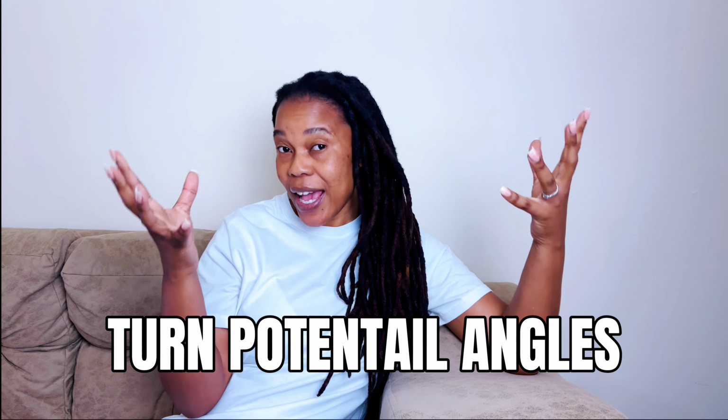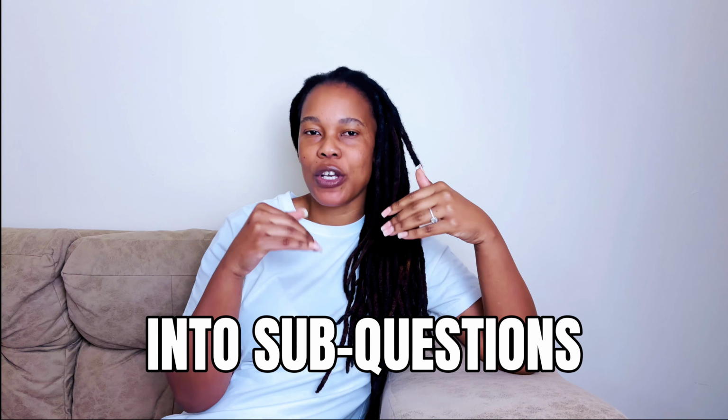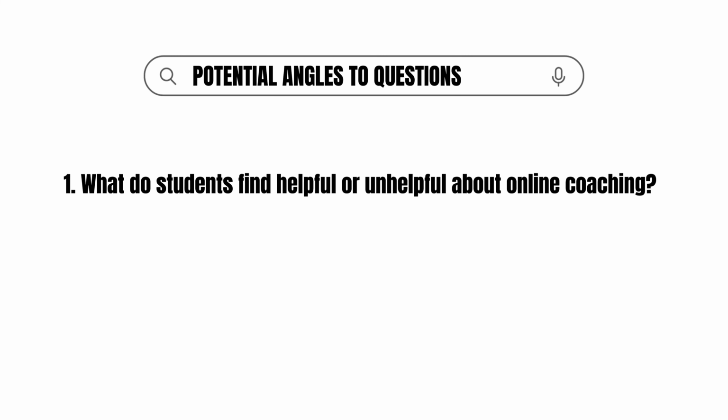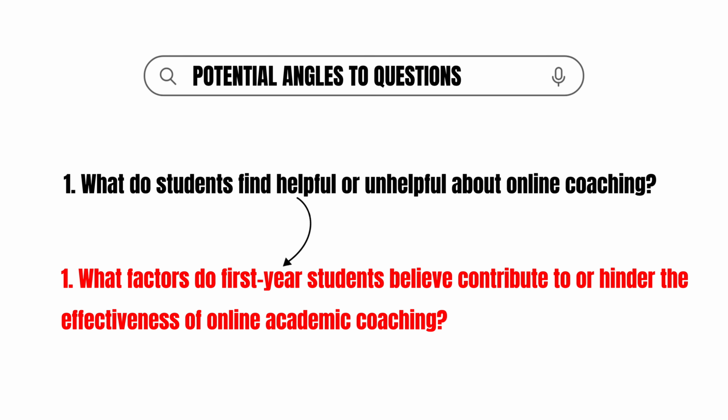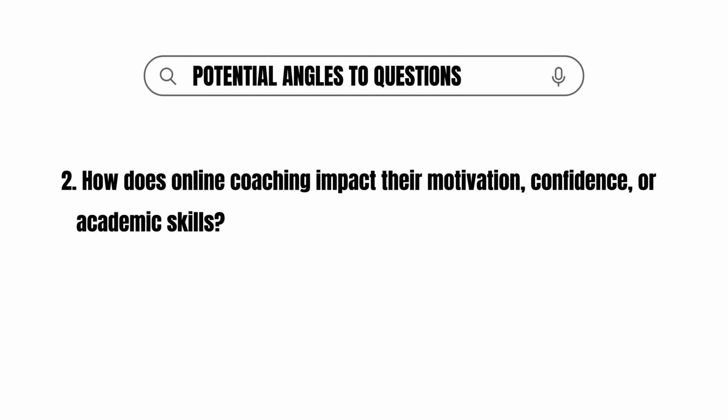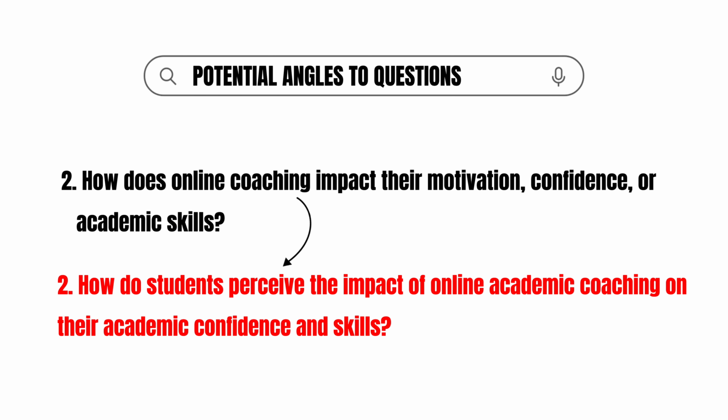Now, if we look at these potential angles that we can explore, then we are able to take these angles and turn them into sub-questions, make them sound scholarly and smart, because we are academics after all. Based on the first potential angle, the first sub-question can be, what factors do first-year students believe contribute to or hinder the effectiveness of online academic coaching? Looking at the second potential angle, sub-question number 2 can be, how do students perceive the impact of online academic coaching on their academic confidence and skills?